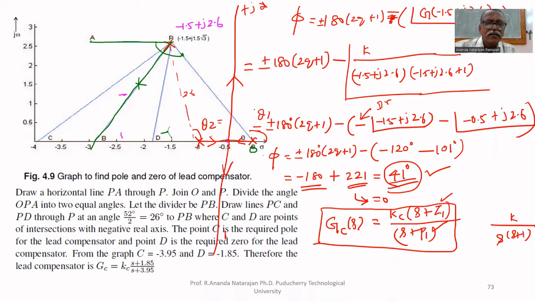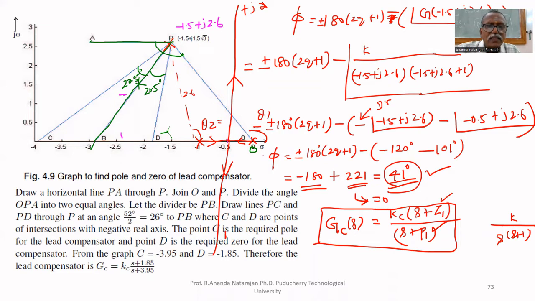Once you have divided, take an angle of 20.5 here and 20.5 here, because the total deficiency angle is 41 degree. Draw 20.5 degree on the right side of PB, and take 20.5 degree on the left hand side.